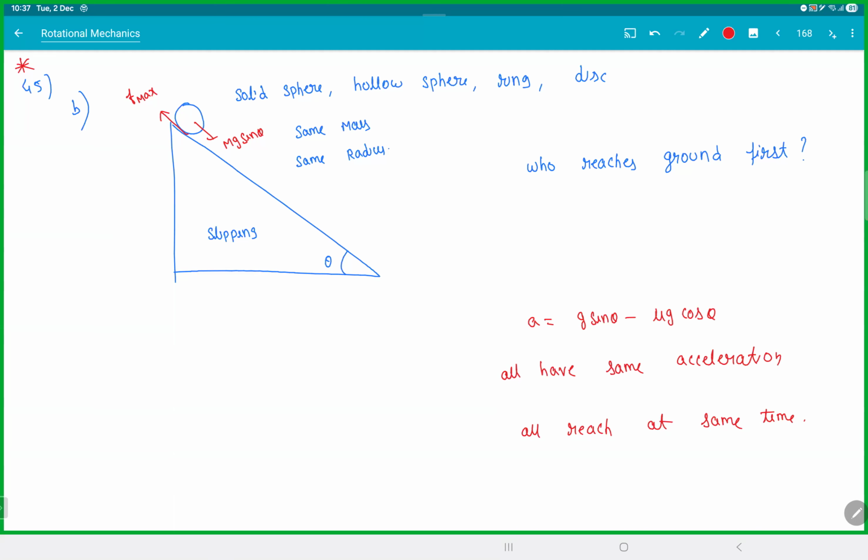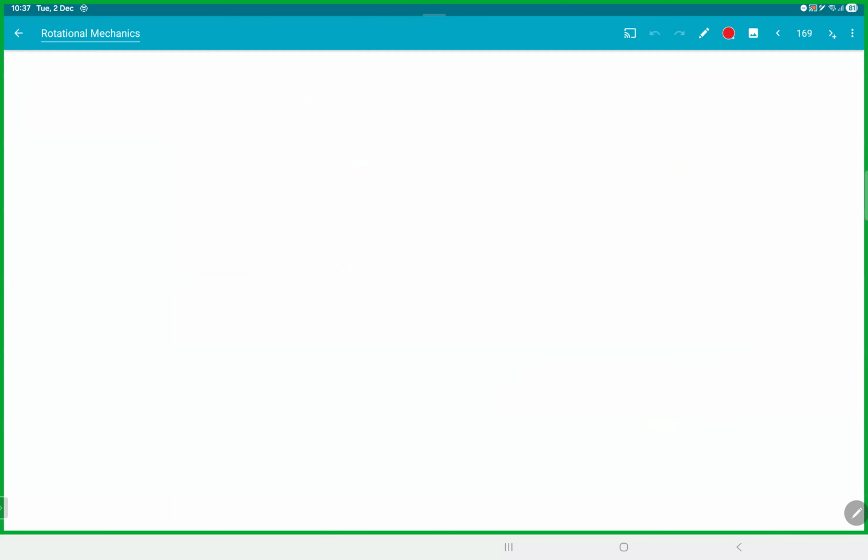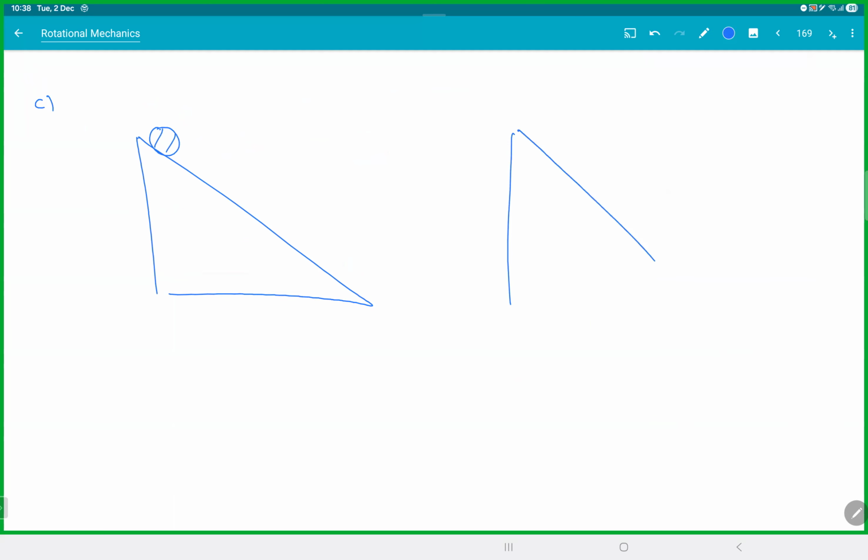Is that clear, everyone? The last case. What if we have a solid sphere of mass M and radius R, and a solid sphere of 2M and 2R?